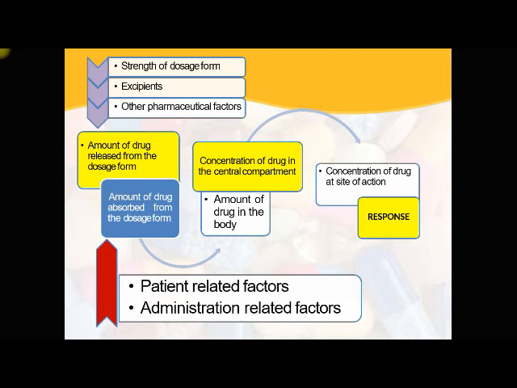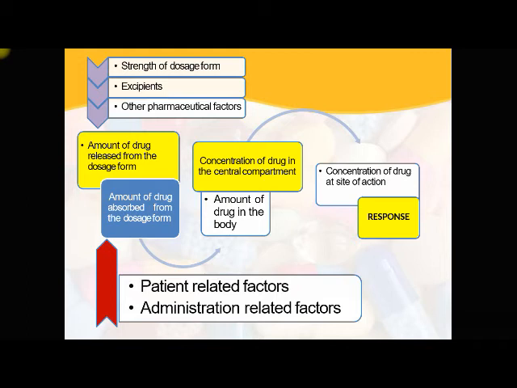So whatever we have studied till now, this is like a summary of it. The strength of the dosage form, the excipients and other pharmaceutical factors relate to the amount of drug which is released from the dosage form. The amount of drug which is released gets absorbed from the dosage form, so it gives rise to the amount of drug in the body.